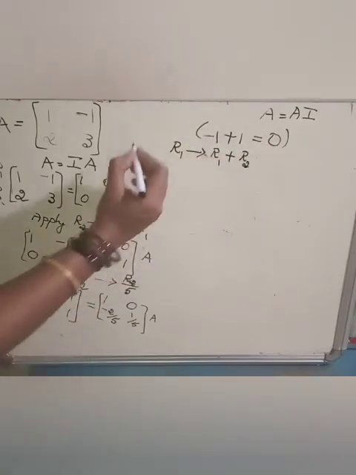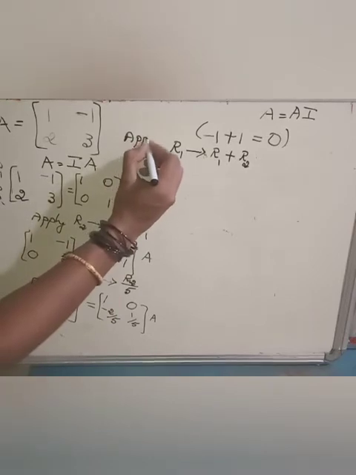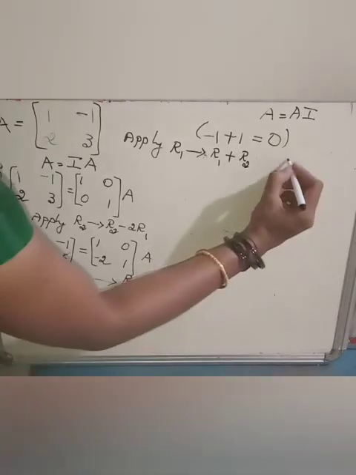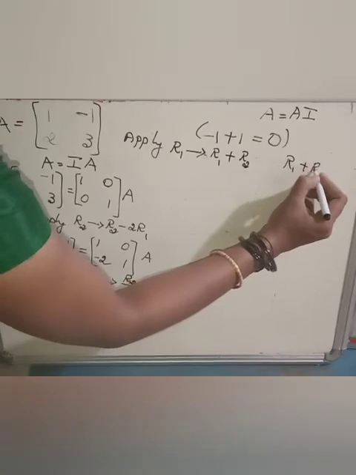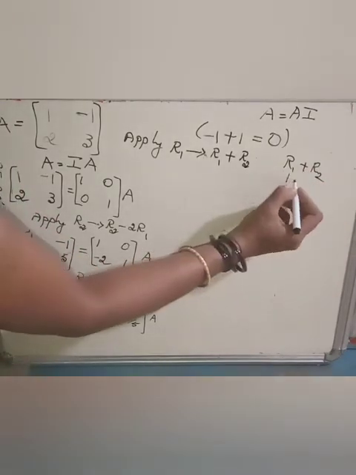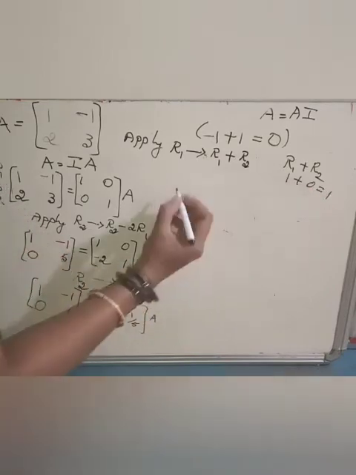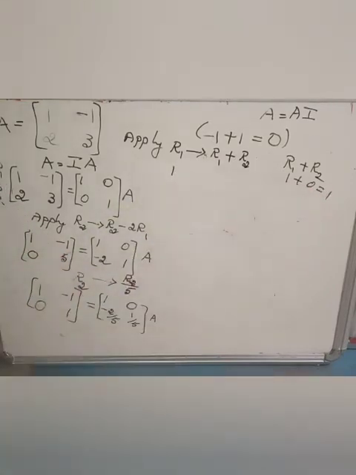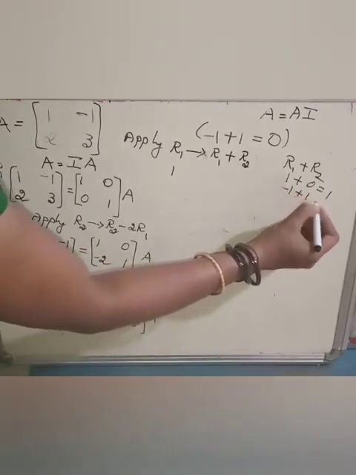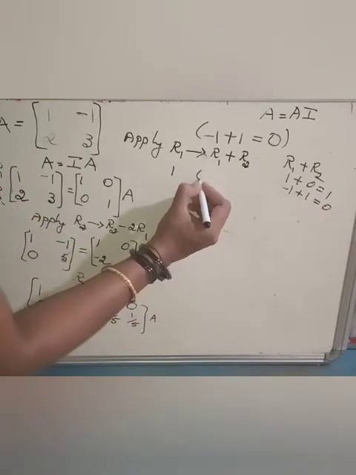Next elementary operation. So apply this one. Now the first row gets changed. Okay. R1 plus R2. 1 plus 0. Answer is 1. Therefore the first entry is 1. Next, minus 1 plus 1. R1 is minus 1, R2 is plus 1. Entry is 0.